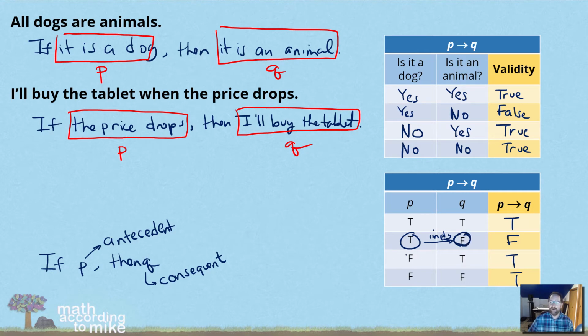And the reason for the last two is if the antecedent is false, it may or may not be the consequent. So we just give the benefit of the doubt, which says, all right, true, we don't know. That's why the last two are true. So the bottom right is your truth table for if P then Q.